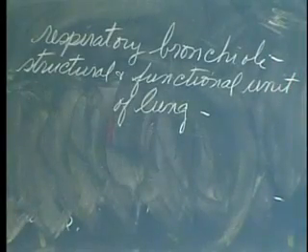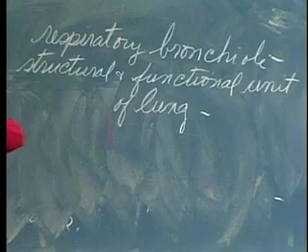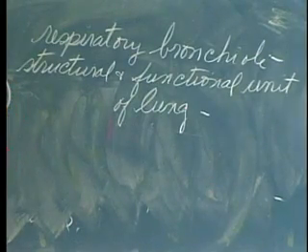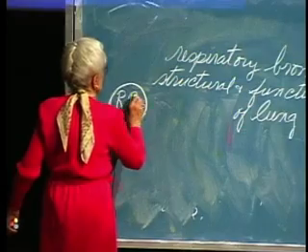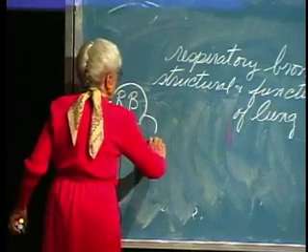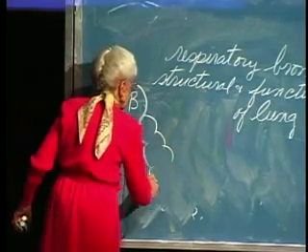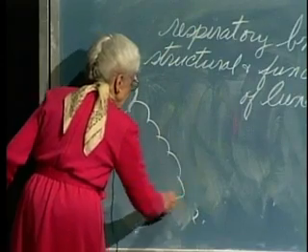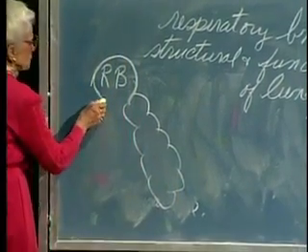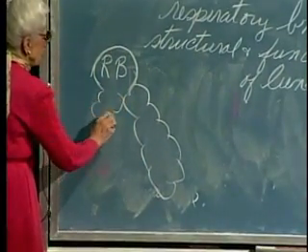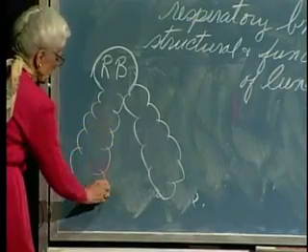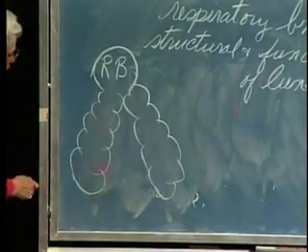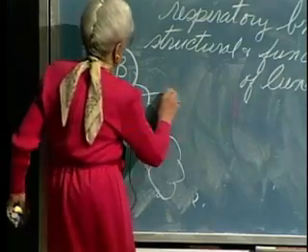So now, what have we got here? We've got our respiratory bronchiole coming down. We're going to take a cross-section of it. Respiratory bronchiole. And it's going to branch off into alveolar ducts. Did you ever think of every molecule of air you take in? It's got to go through all these passageways to get down and be functional. These are alveolar ducts.